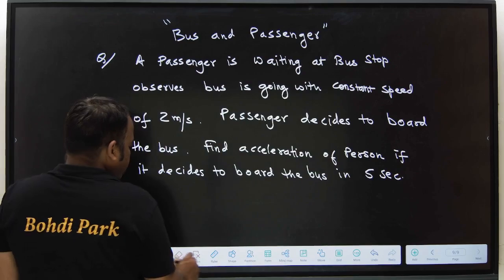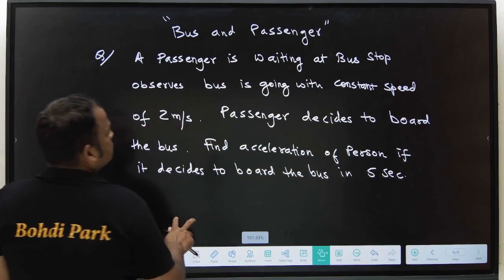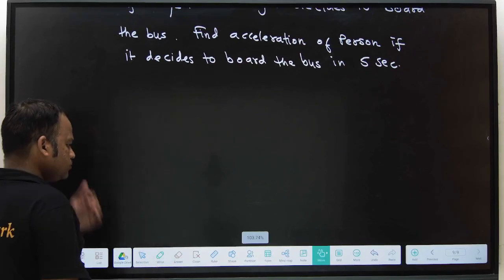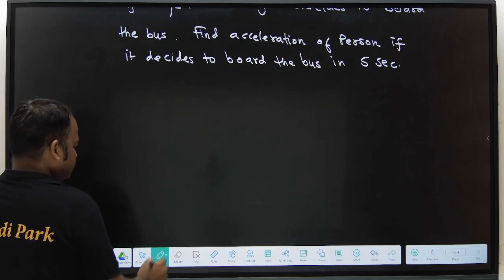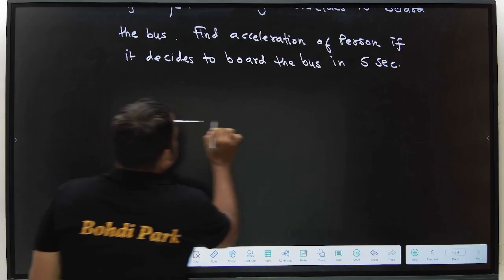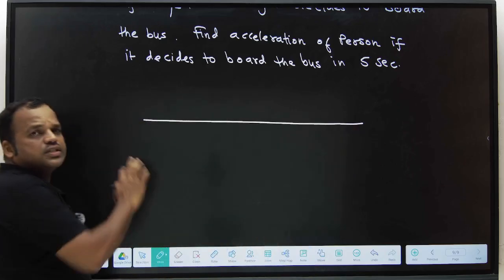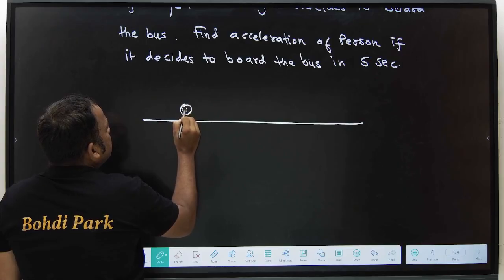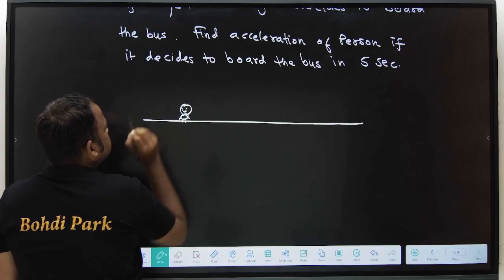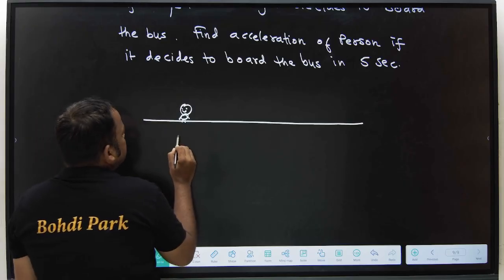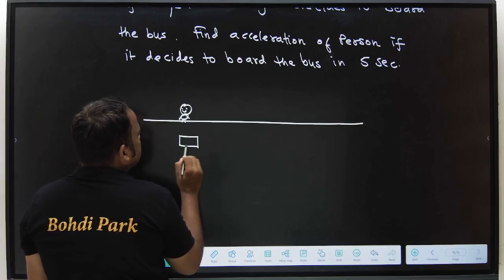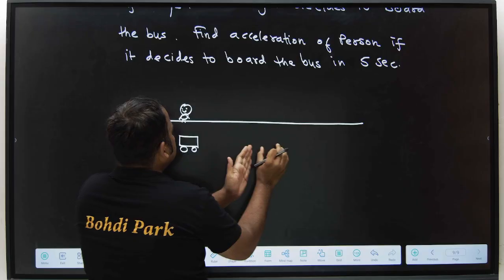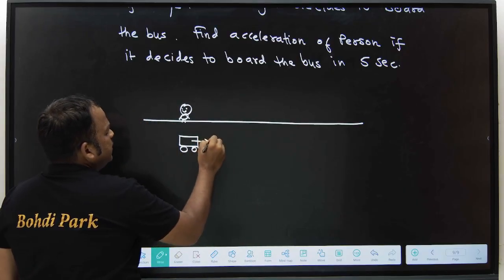So let's draw a diagram. Suppose this is a road and the passenger was standing on the road initially. He sees that the bus is going with constant velocity. Suppose this is the bus, it is going with constant velocity v.